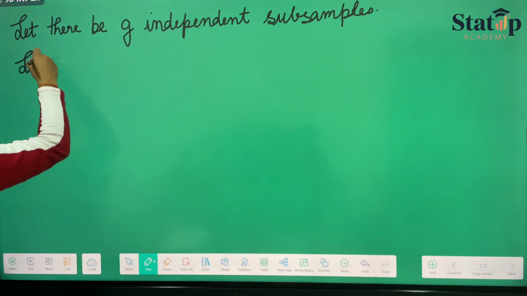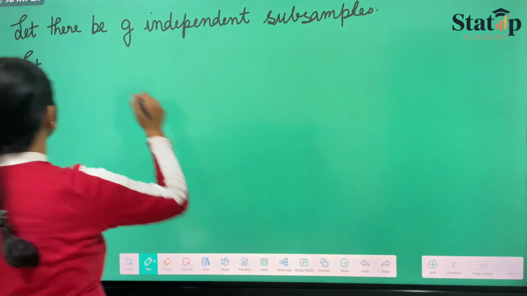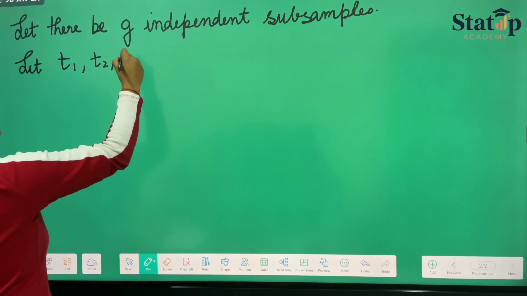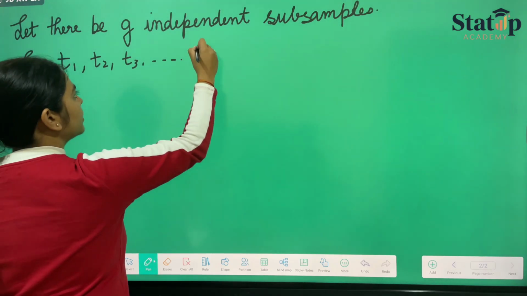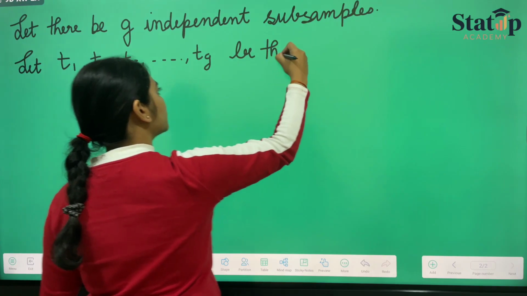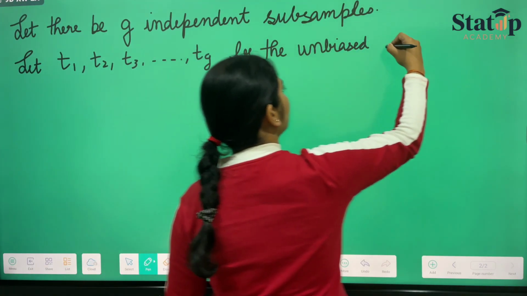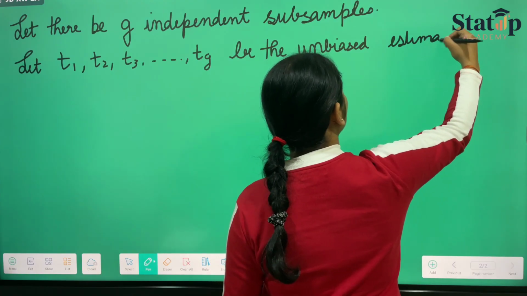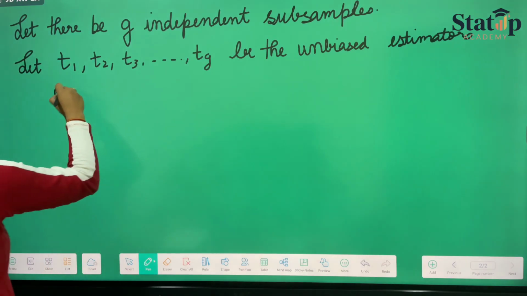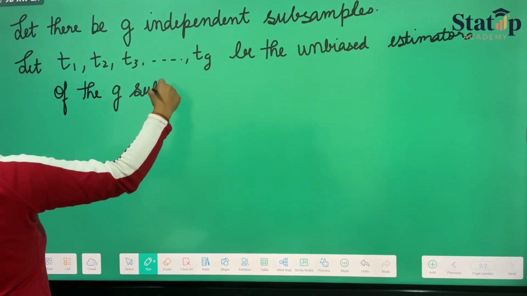Let T1, T2, T3 up till Tg be the unbiased estimators of the G subsamples.